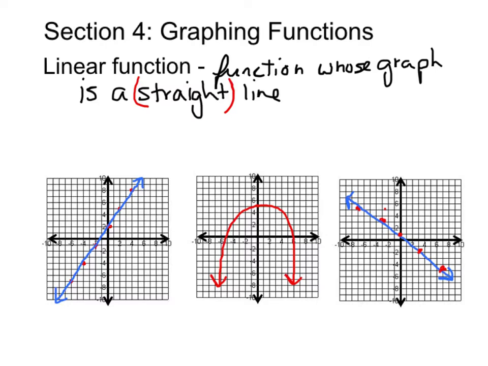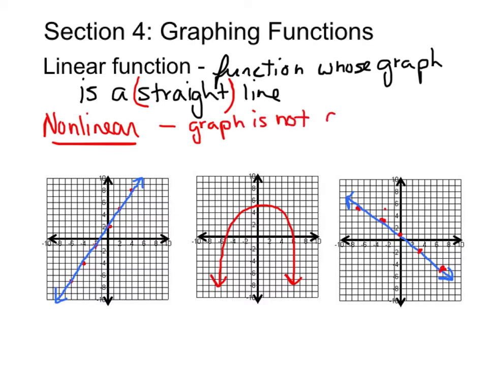If it's not a linear function, it's a nonlinear function, and the graph is not a line. So for example, down below we have 3 examples. The first one, we have the points graphed, and we have a straight line.